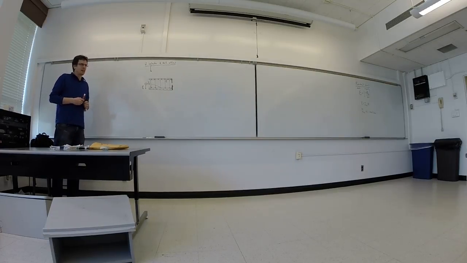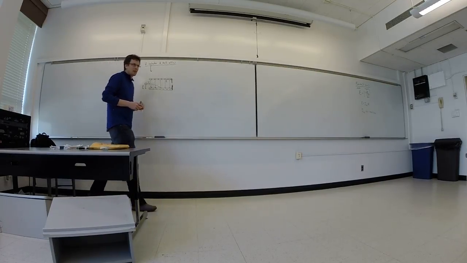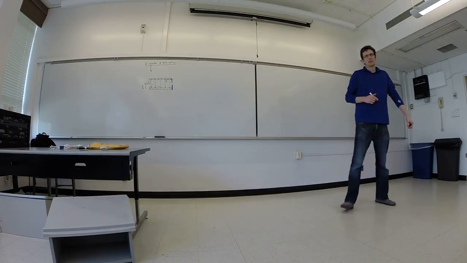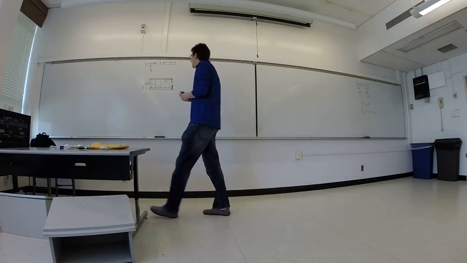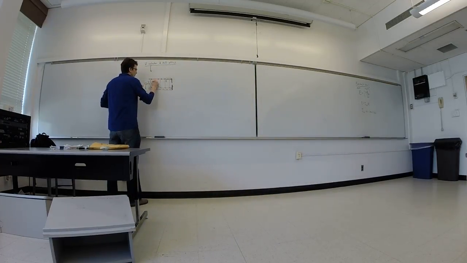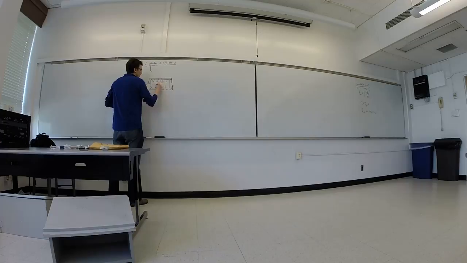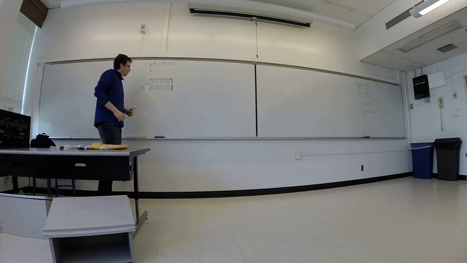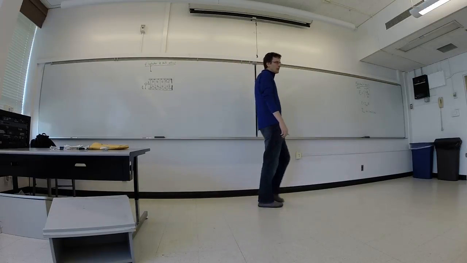So the velocity selector, what it does is you don't just use the electric field, you also apply separately a magnetic field. Let's say the magnetic field points like this. Let's say it points into the page. So let's suppose it's a uniform magnetic field.